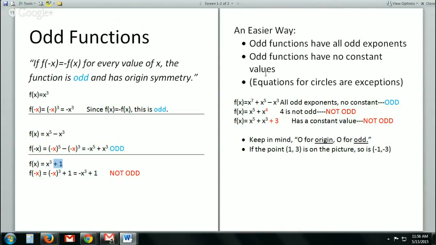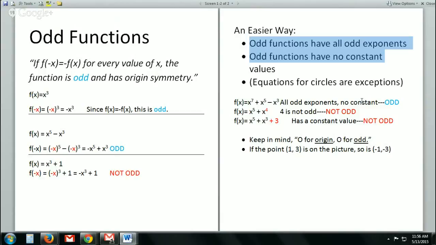So an easier way for us to determine if we've got an odd function or not: first, they have to have all odd exponents, but it's also going to have no constant value at the back. Now, one exception to this rule is with circle equations. They have even exponents, but they are still something that has origin symmetry.